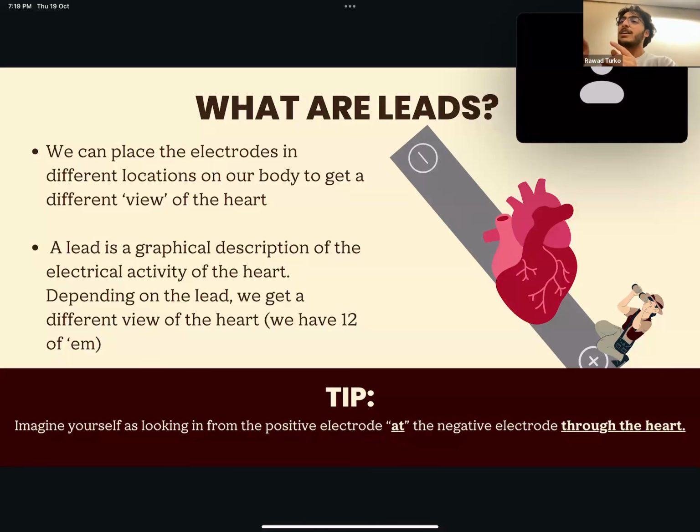For example, the ECG trace on lead 1 looks different than lead 2, and she complains to the doctor, what's wrong with my son? His heart's showing up weird on the ECG. And the doctor tells her, well, that's fine. It's just different leads. It's a different angle. So just because you see a different shape of the ECG on one lead, it doesn't mean that there's anything abnormal. We're just looking at the heart from a different angle. Does that make sense to everyone?